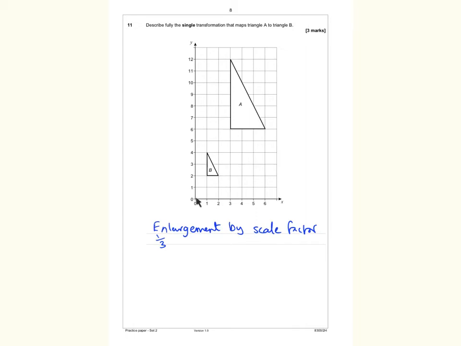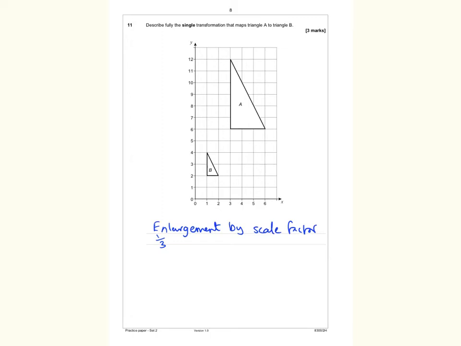So actually it works perfectly when I use the point (0, 0). So 1 and 2, then you've got 3 and 6. The best way is probably to draw lines, and you will see that the lines come through the origin. Otherwise you can sort of count it out like that.